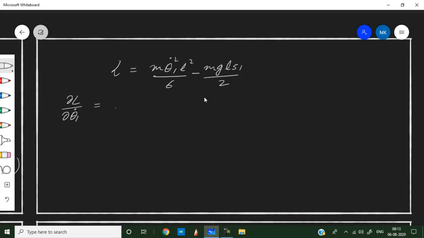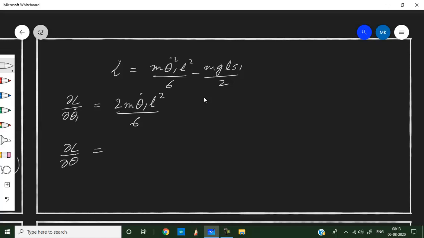So this will be 2m theta 1 dot L square by 6, minus 0 because there is no theta 1 dot; this is just a function of theta 1. We also require dou L by dou theta.